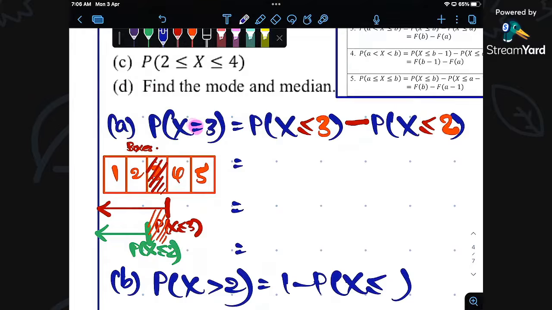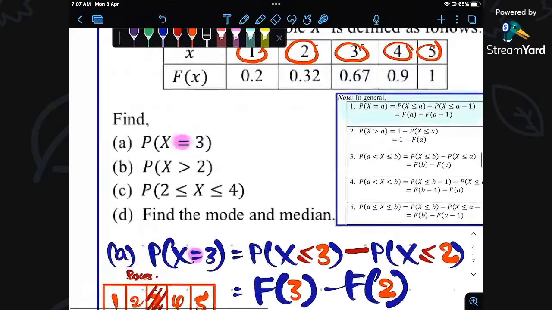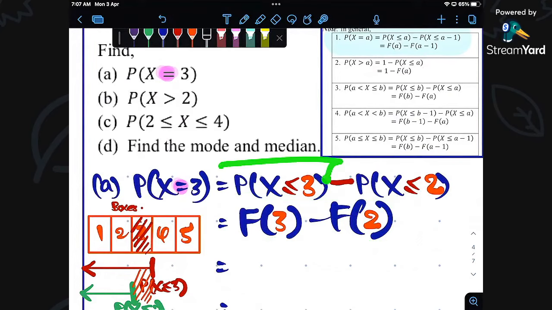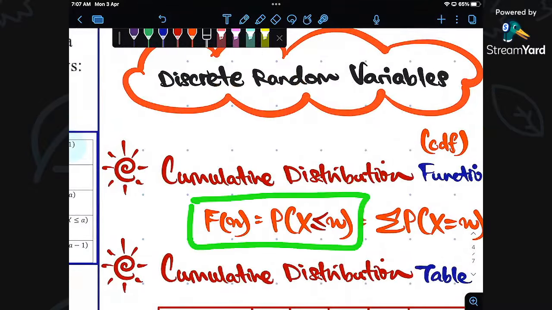So we will get the answer already, which is F3 minus F2. So this is the definition. Remember, this is the definition, where you understand from here. Whatever the number here, let's say this is 3, this must be 3.